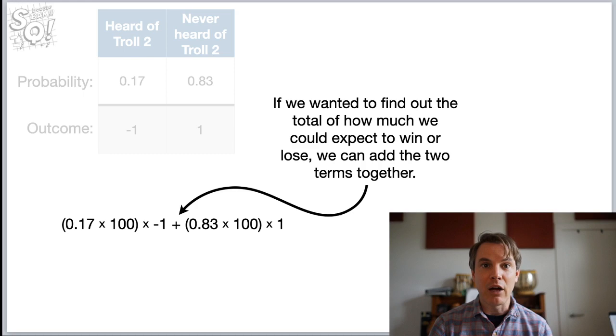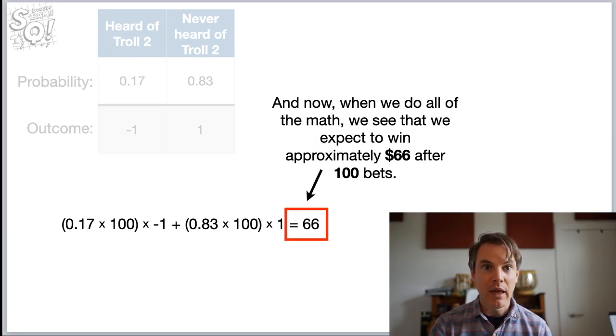If we wanted to find out the total of how much we could expect to win or lose, we can add these two terms together. And now, when we do all of the math, we see that we expect to win approximately $66 after 100 bets.